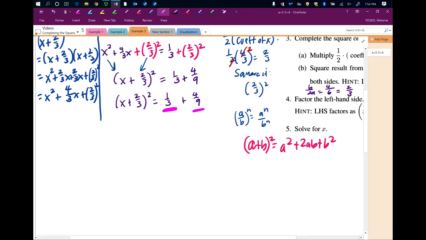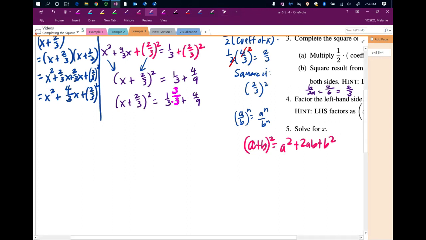So I really need a 9 right here. So I do 3 times what gives me 9? Well, another 3, right? But that's an expression. I'm allowed to do 2 things to an expression without changing the truth of the expression. One is to add 0 and the other is to multiply by 1. So if I multiply the bottom by 3, I better multiply the top by 3.